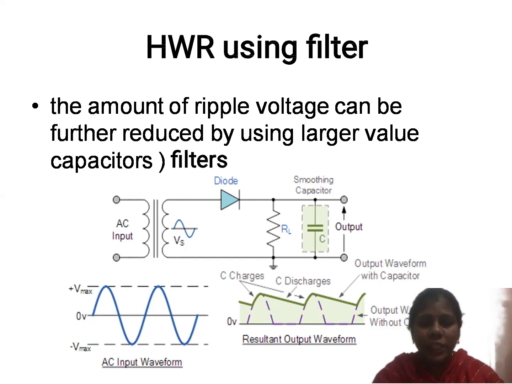During the positive cycle of the half-wave rectifier output, the capacitor is in the charging state. This can be seen in the waveform.